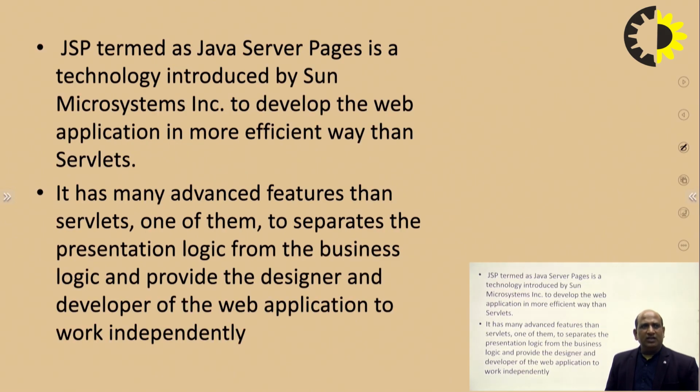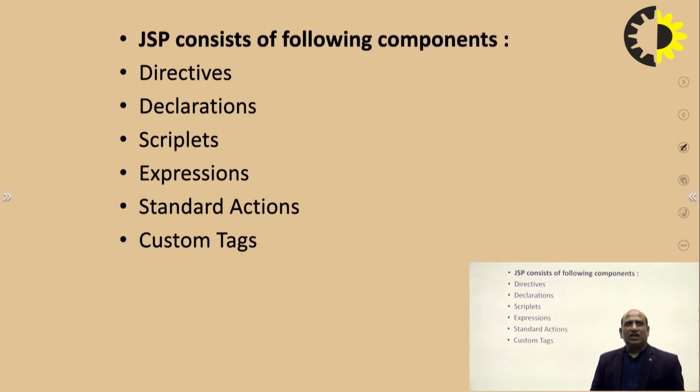This JSP has many advancements that I have already told you. These advancements are that it contains different predefined objects and different tags. So in the overall scenario, we understand what JSP is. In layman's language, we can say that it is the combination of HTML and Java.